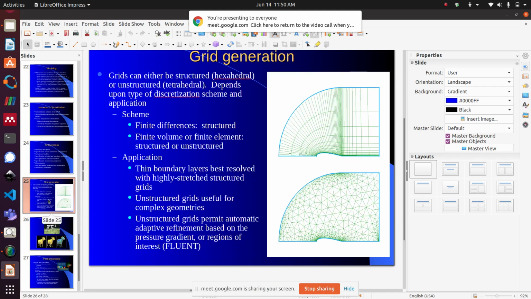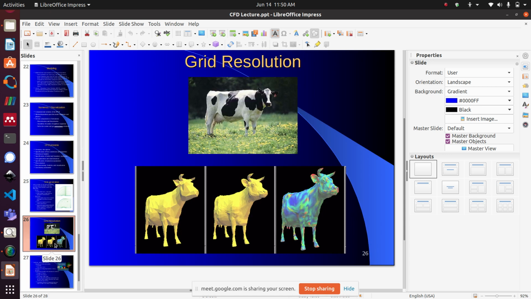If you have a highly refined grid, you have a better solution. If you have a not so refined grid, you have a poorer solution. So this shows results from, see, if you are discretizing the entire body of a cow, this is a not so refined grid.